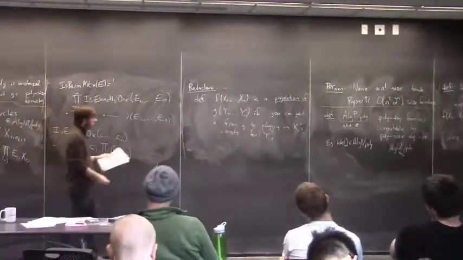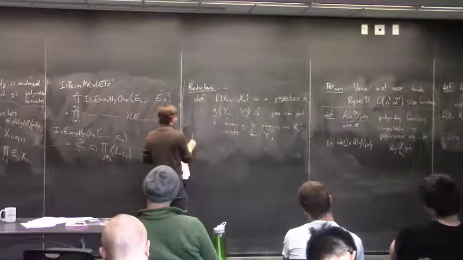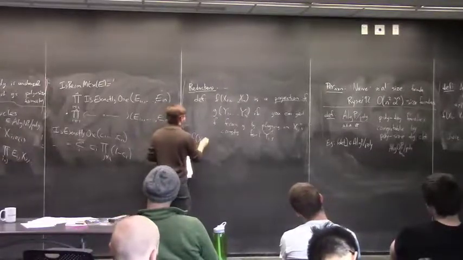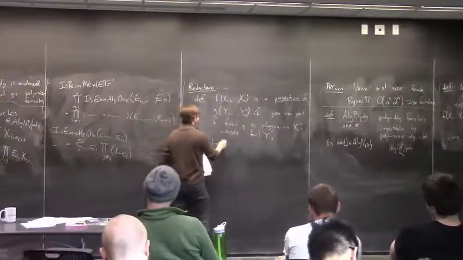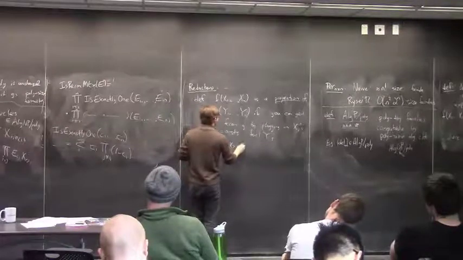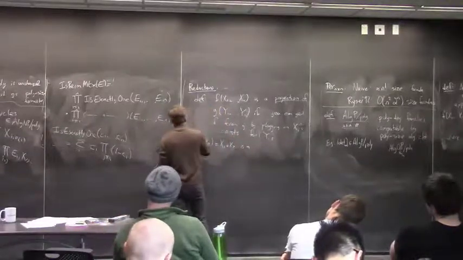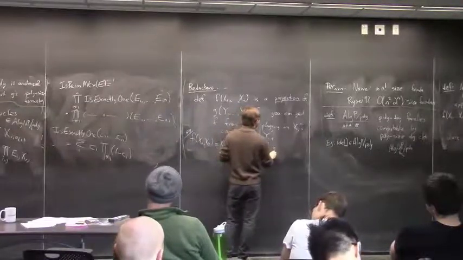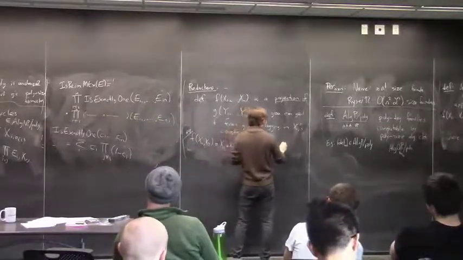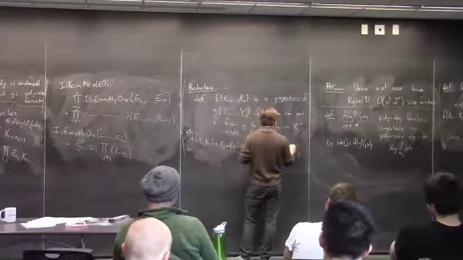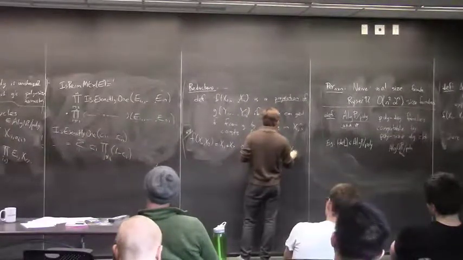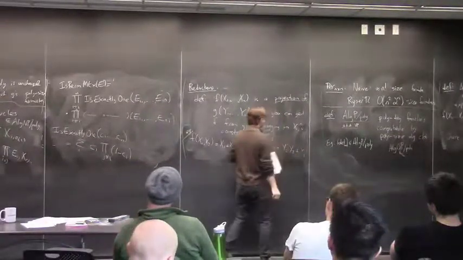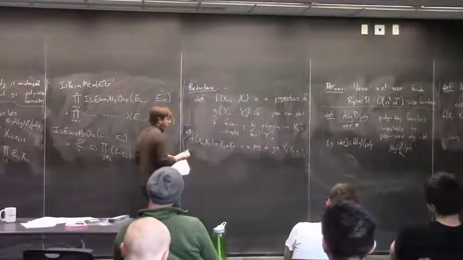So for example, let me do a little example on the spot. f(x1, x2) = x1 + x2 is a projection of g = y2 squared times y3 plus y1. And why is that the case?